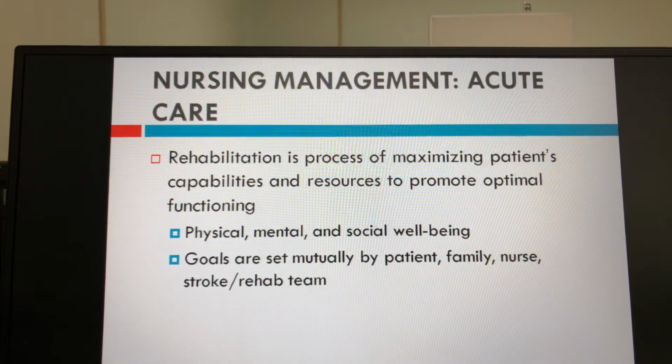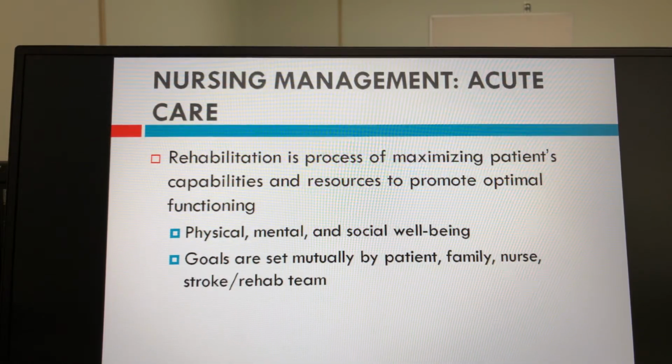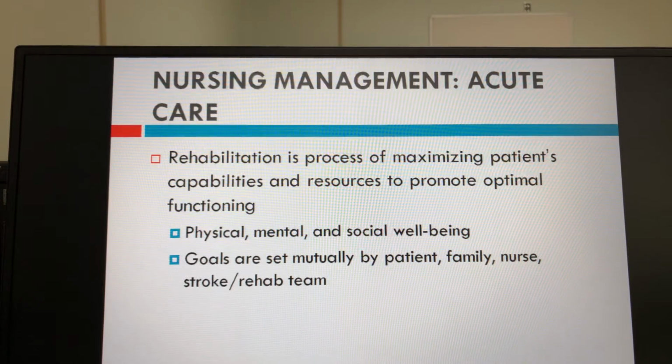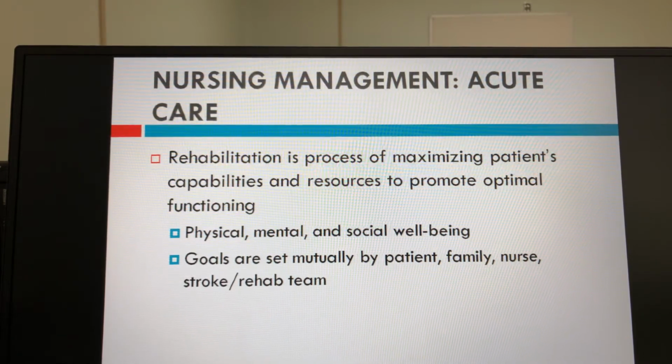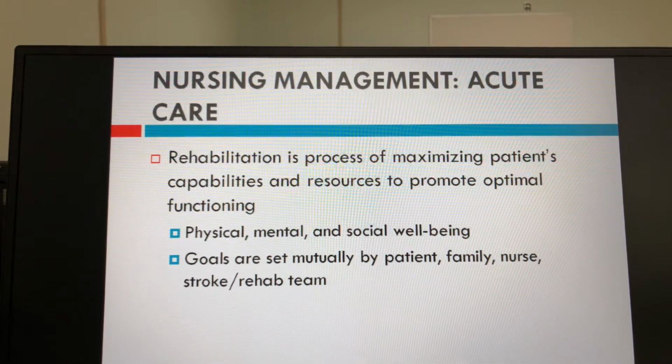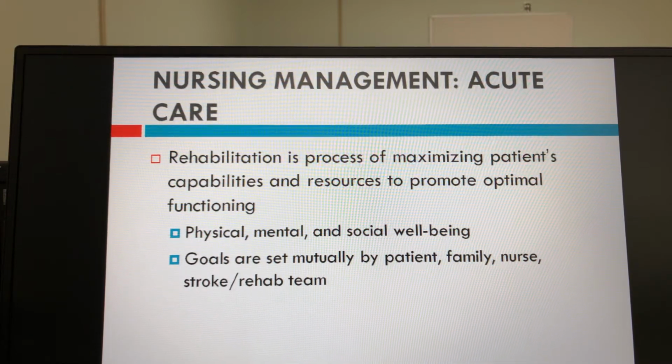OT, occupational therapy, emphasizes retraining for skills of daily living, teaching them how to feed themselves and dress themselves, how to perform activities of daily living, and how to cook again.